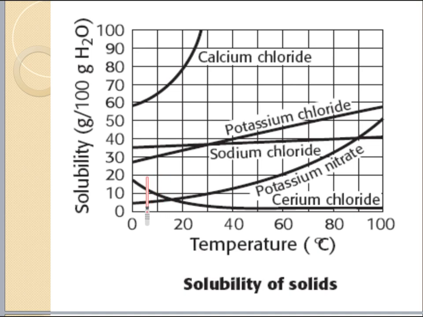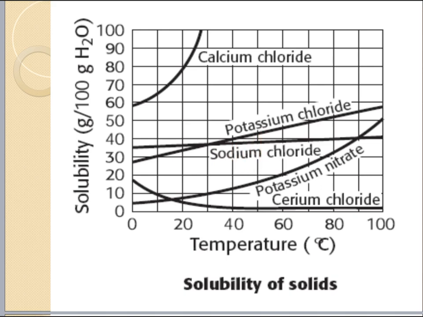Potassium chloride looks like it's much more linear. So as the temperature goes up, I'm able to increase my solubility. In fact, I go from 30 to 40, from 15 to 25, so every 10, it looks like I'm going up, more or less.